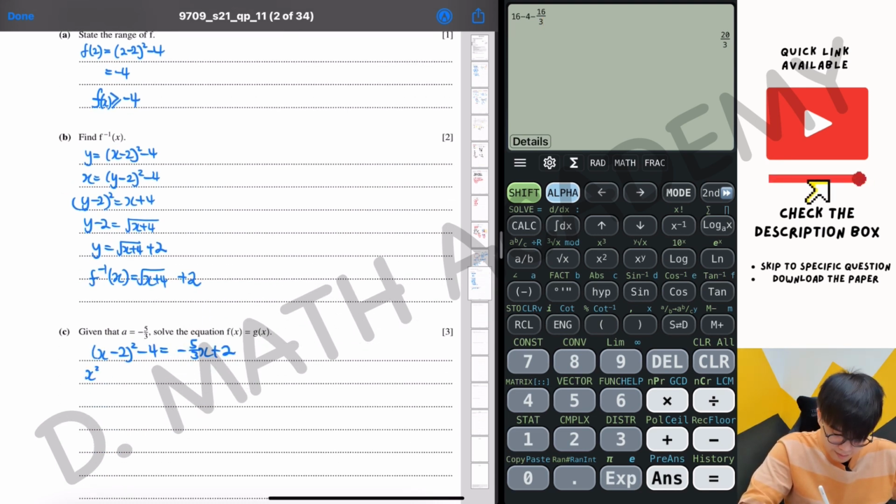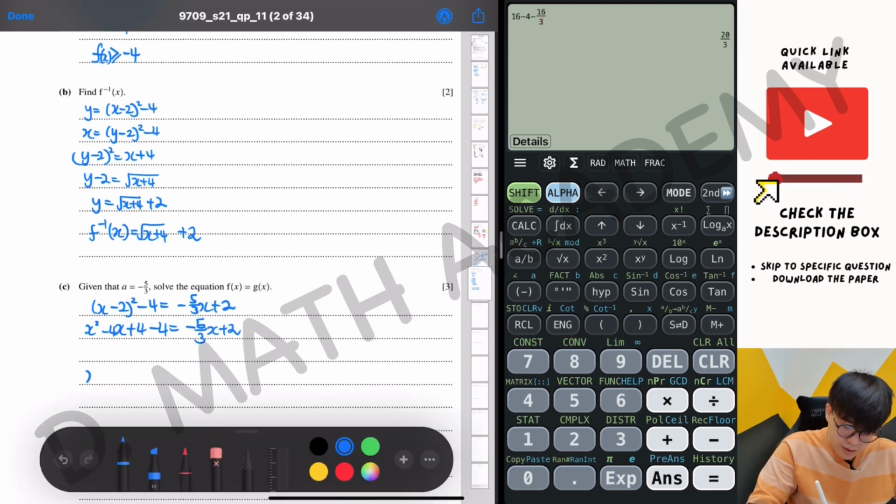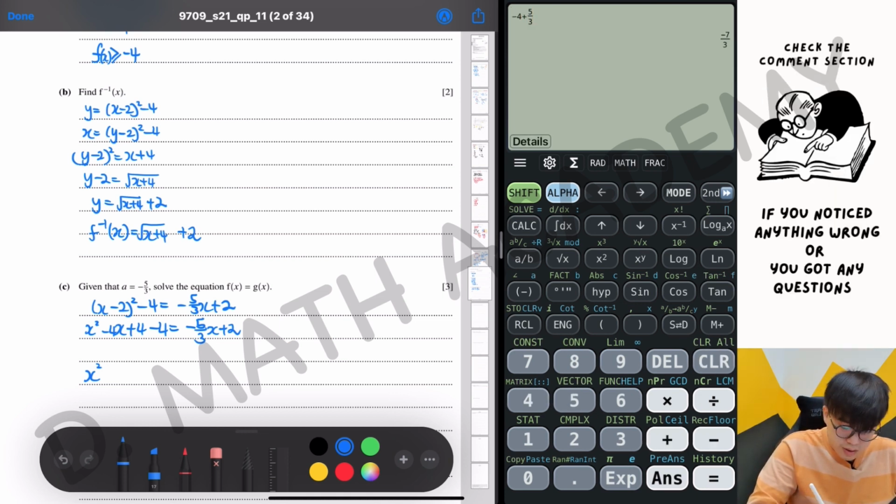Readjust this. x squared, -4 plus 5/3, you will get -7/3 x minus 2 equals 0. Substitute into your calculator, so we got -7/3 and then -2 here.